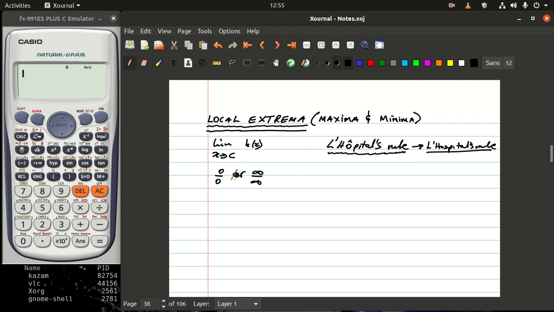Now, if when you plug c in you get other indeterminate forms, like 0 raised to 0, infinity raised to 0, infinity minus infinity, or 1 raised to infinity, all you need to do is rewrite the function in such a way that it is converted to a form you can handle when plugging in c.